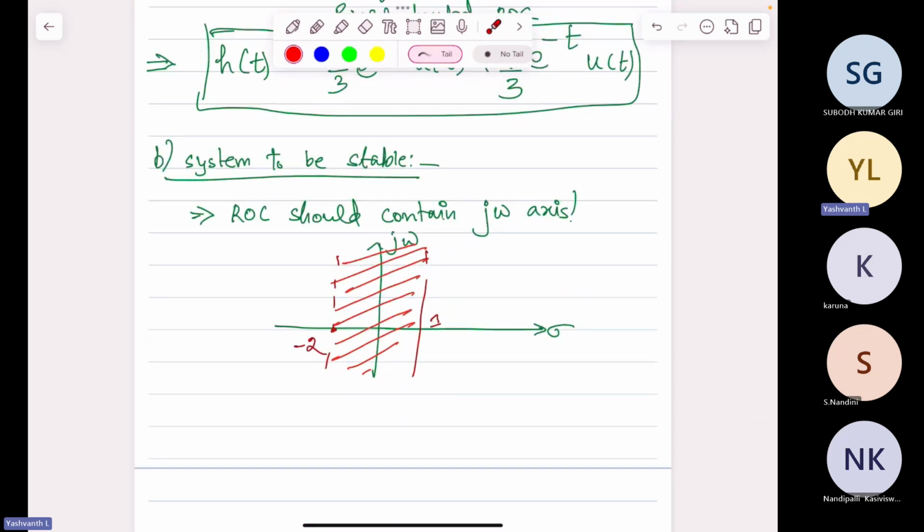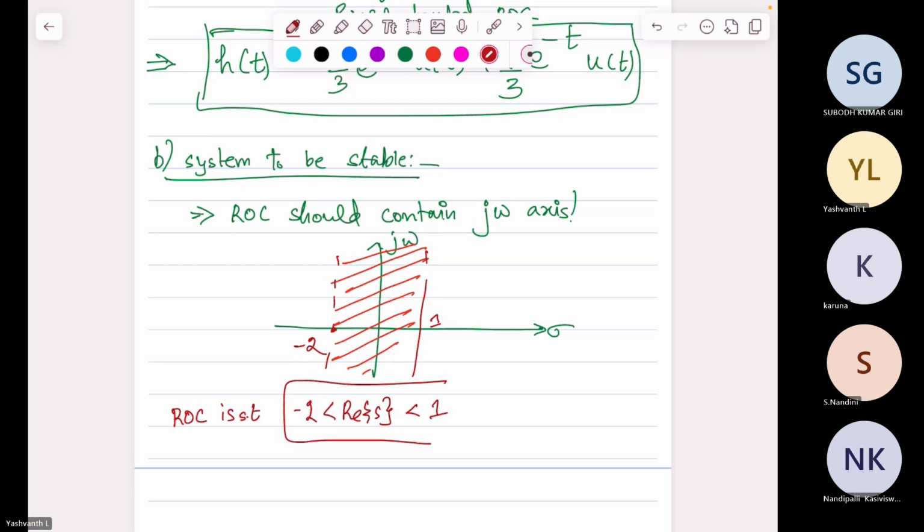ROC should not contain poles. That means the only possibility for the ROC to contain the j omega axis is when real part of S is greater than -2 but less than 1. This is the only possibility in which the ROC will contain the j omega axis.